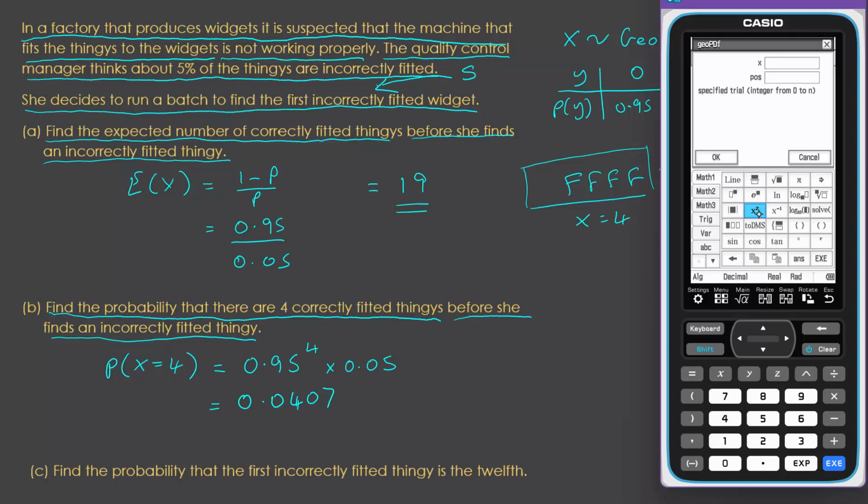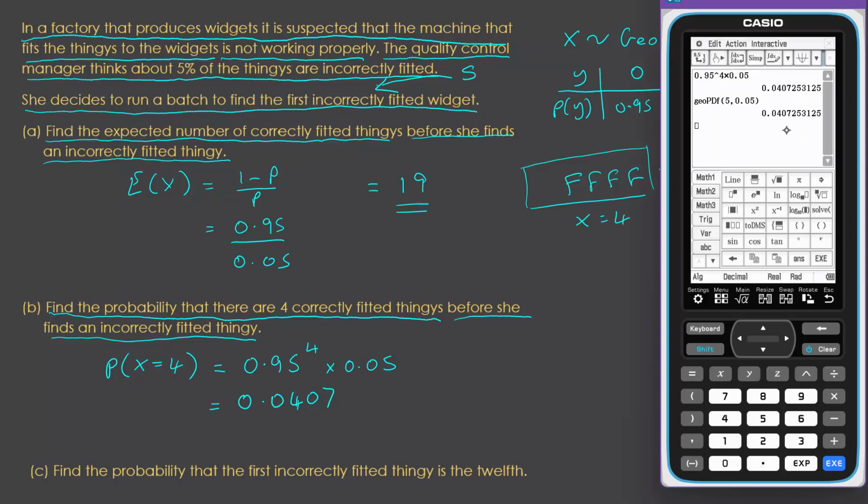And the ClassPad goes one up, so it includes the success. So in other words, where we said it was x equals 4, we need to say 5 when we're on the ClassPad. Probability of success, of course, is 0.05. And you see that you get the same value just there.